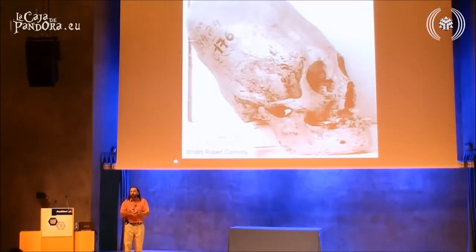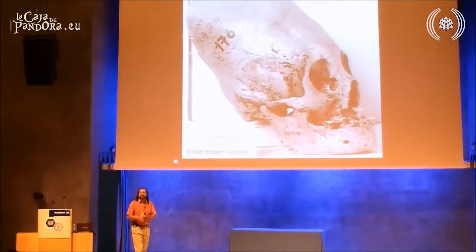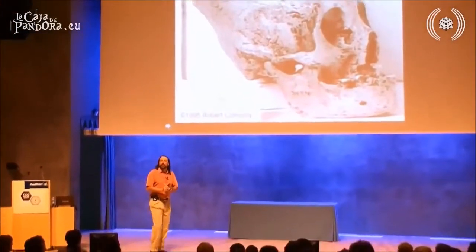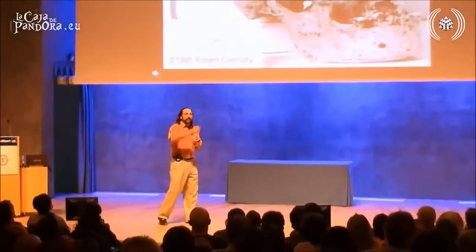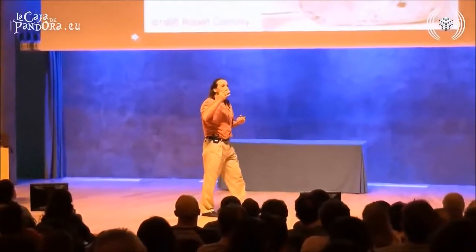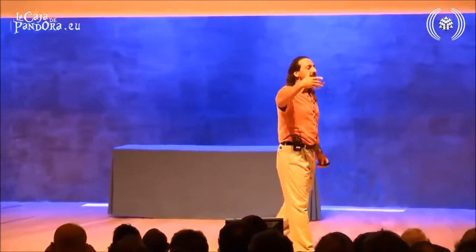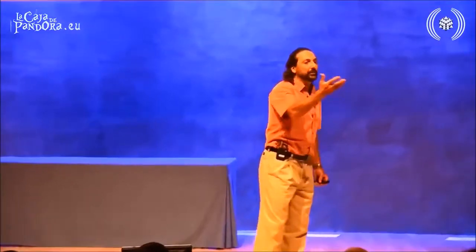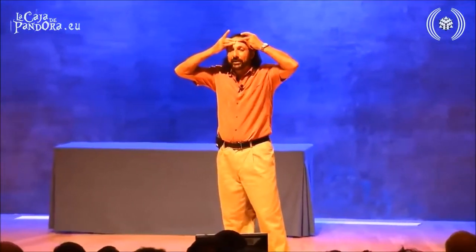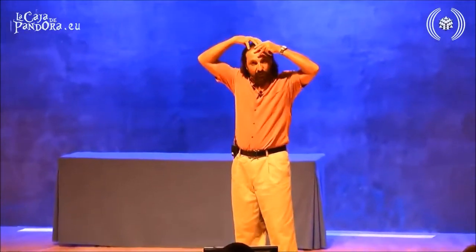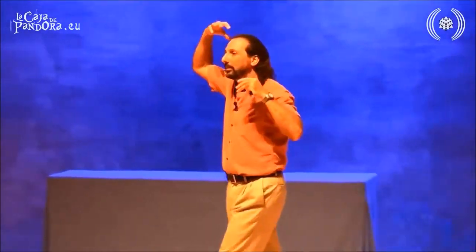All around the world, from the Egyptian, the Mayans, the Incas, the ancient Indian, North American Indian, and in America, they all had this strange behavior, this strange culture where they would bend the head of the children to try to deform them.